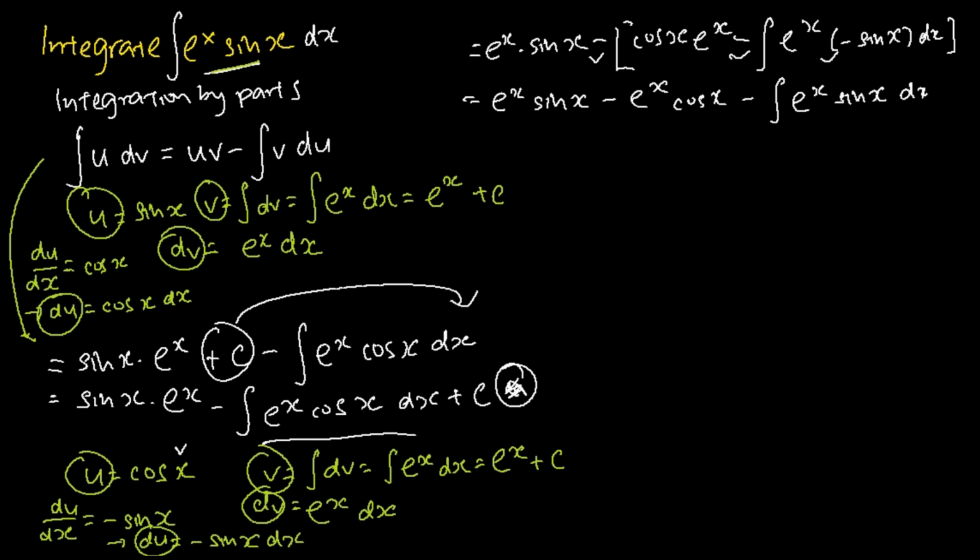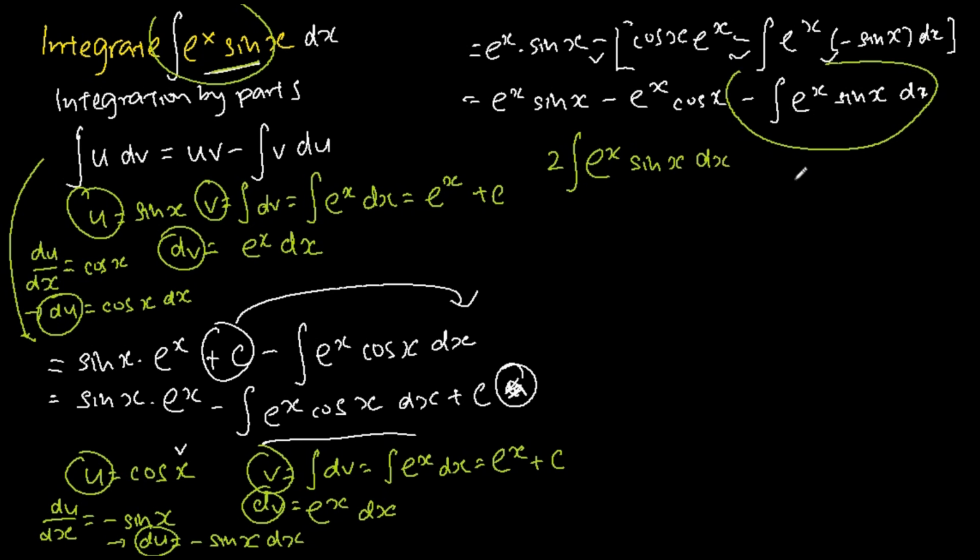Okay, so the next step, what you have realized is that this particular integral is the same as our question. So what we can do is add the integral of e to the power x sine x to both sides. What we will get is 2 times the integral of e to the power x sine x dx equivalent to e to the power x bracket sine x minus cosine x.